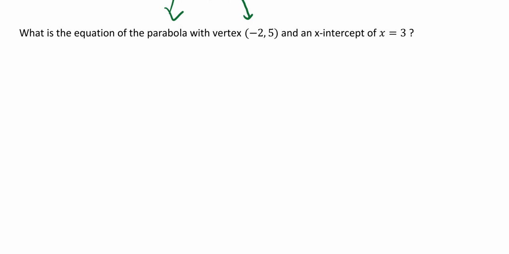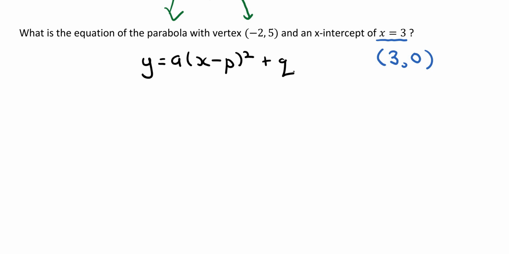Okay, let's move on to the next one. What is the equation of the parabola with vertex (-2, 5) and an x-intercept of 3? So when you have an x-intercept of 3, that literally means the x value is 3 and the y value is 0. That's the definition of an x-intercept. That means y = 0. I would start off with the general equation of a parabola here: a(x - p)² + q.